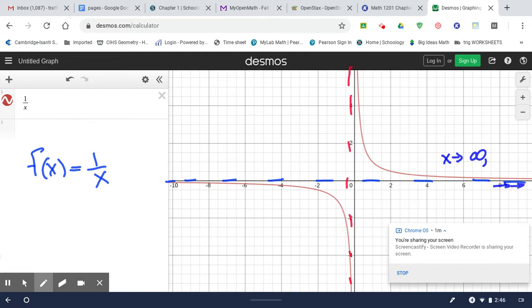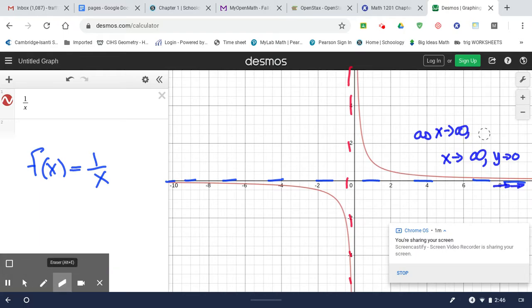What is the y value doing? Well, the y is going to 0, right? So technically we would say as x goes to infinity, f of x goes to 0.